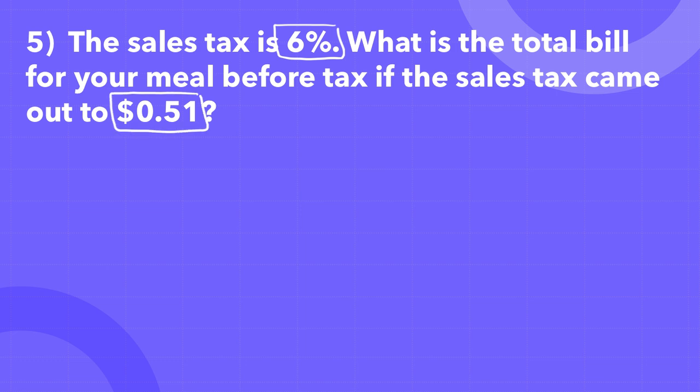What is the 51 cents in this problem? It's the tax, and tax is another word for part. Okay, so you have the percent and you have the part. It wants to know the bill, so what are you looking for? You're finding the whole. How did you find that, Micah?